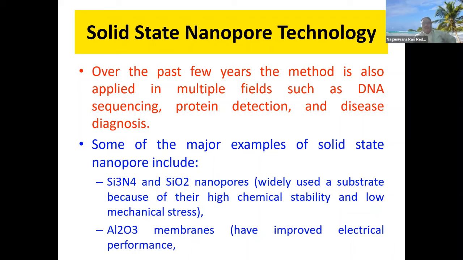Okay, now what advantage does it give? The major advantage was we were able to sequence the DNA. Okay, we are able to detect the proteins, then we were able to diagnose the disease. So these were the advantages we got while using solid state nanopore technology.